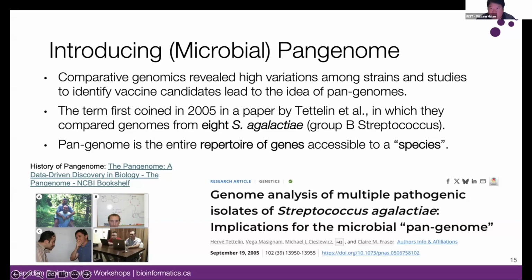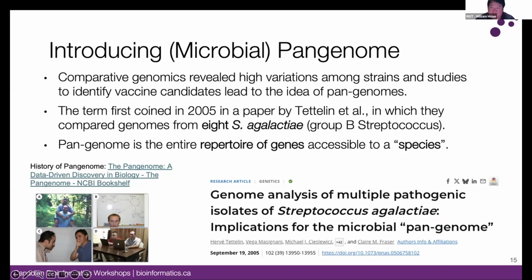This was led by Claire Fraser at the time, who actually was my postdoctoral supervisor. While I wasn't there during that time as part of when this work was underway, in subsequent years, I got there in about 2007, I think. Yeah, and so I went there, I got a chance to meet Hervé and Claire and work with others on metagenomics or microbiome studies, I should say.